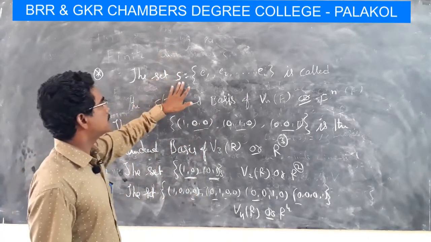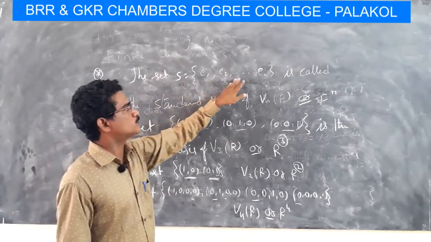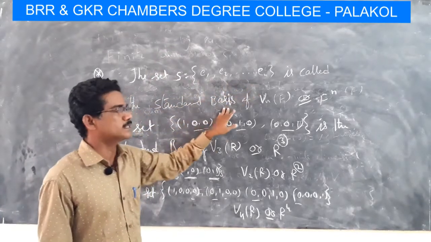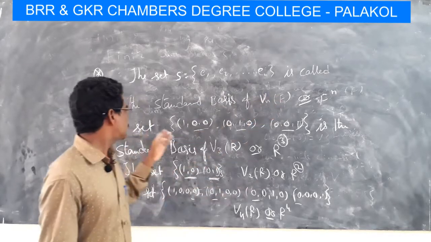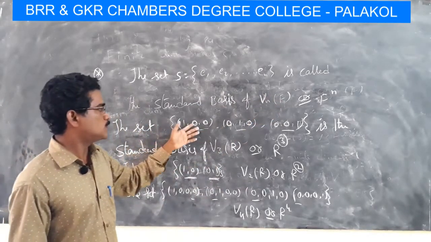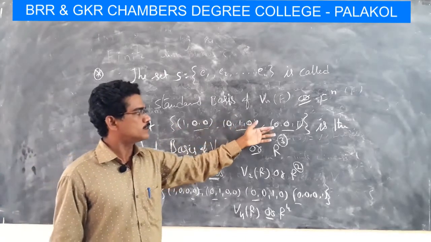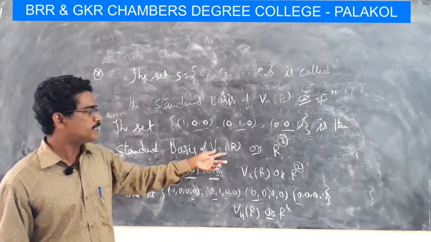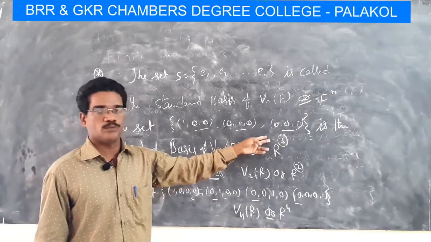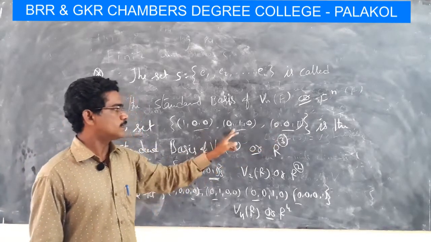Suppose the set S equal to E1, E2, and so on up to En is called the standard basis of Vn of F, or F power n. The set (1, 0, 0), (0, 1, 0), (0, 0, 1) is called the standard basis of V3 of R, or R cube, where 3 means 3 coordinates.